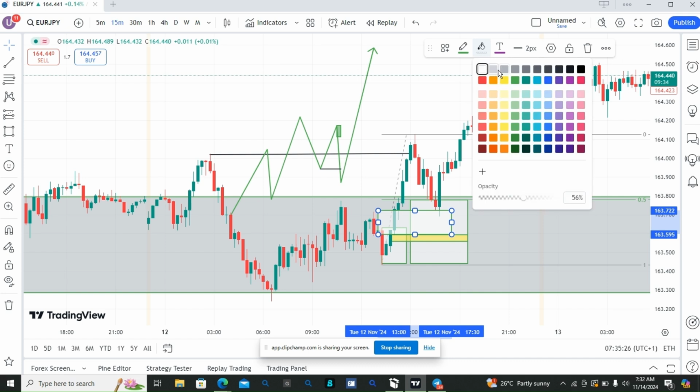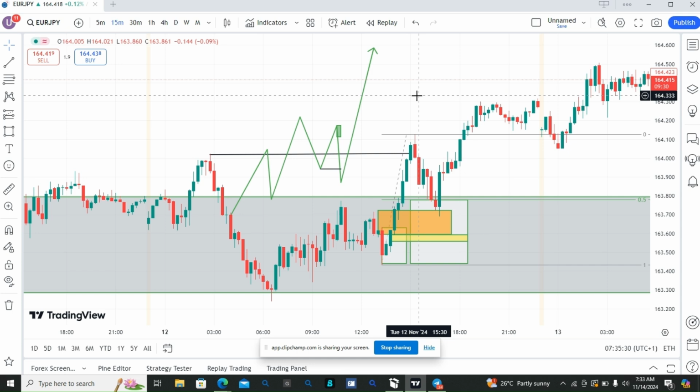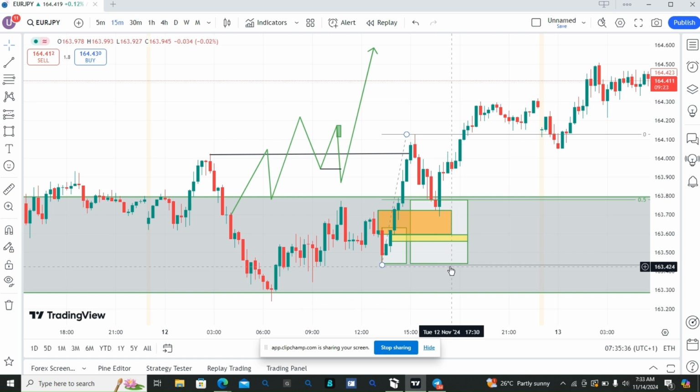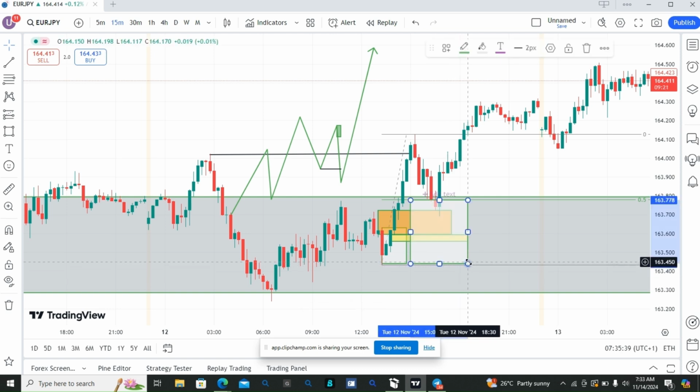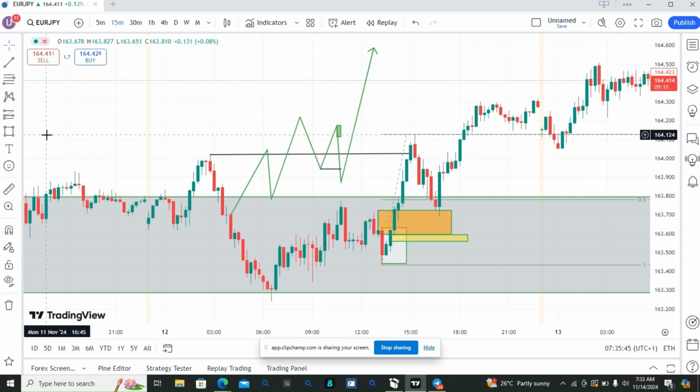Which other color will I use? Okay, let me use this color. Fine. Let me also change this, and let me remove this point of interest. Fine. So we'll have breaker block, we'll have fair value gap, and we'll have order block.